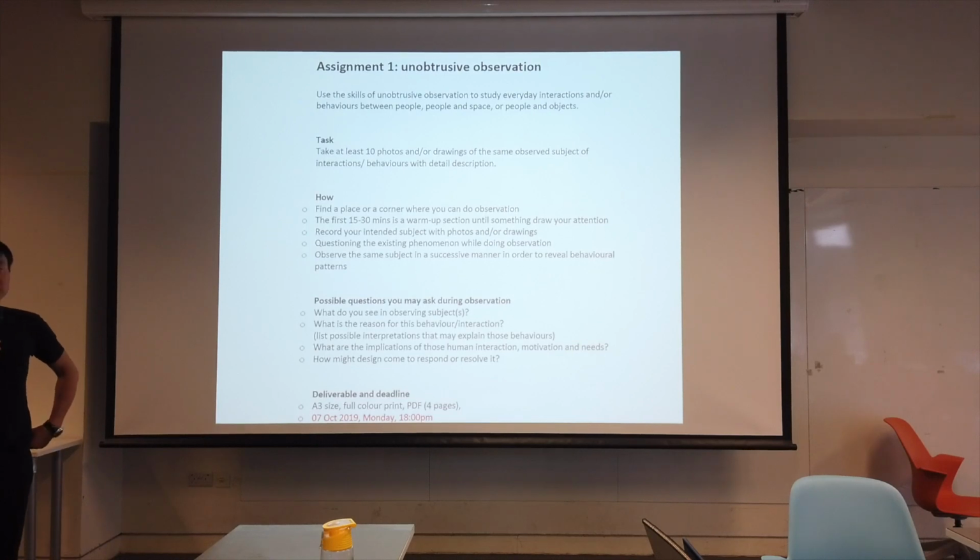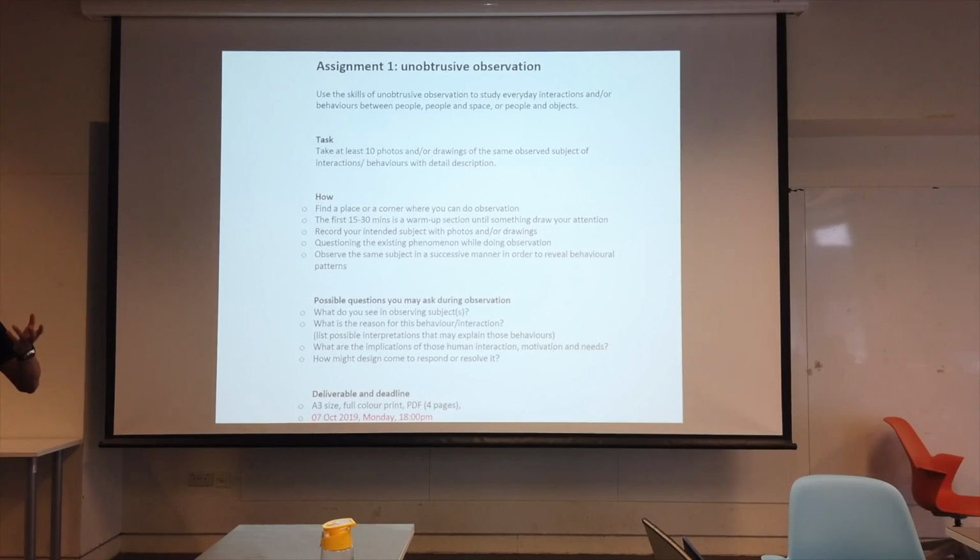Human behavior in public is sometimes so subtle that you may not be able to take a picture instantly to capture the very detailed part. But your eye can capture it, right? So you can use both to illustrate human behavior in public.